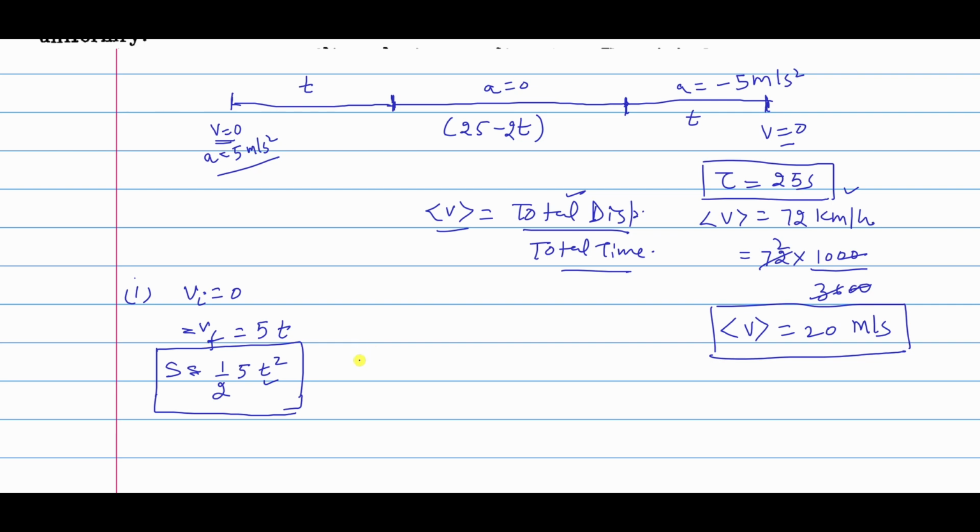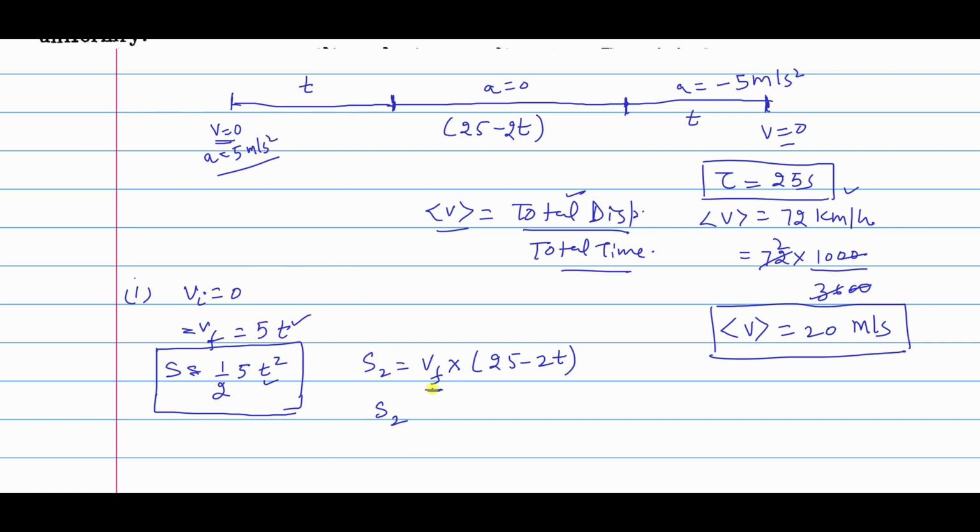So distance s2 is equal to the final velocity times the time, 25 minus 2t, and we can write this velocity as 5 times t.